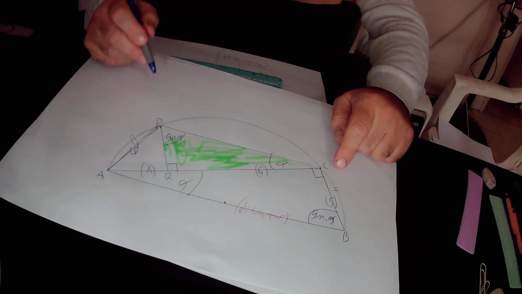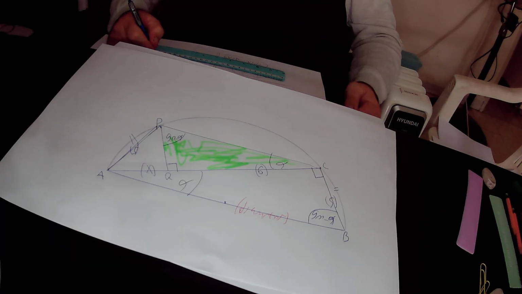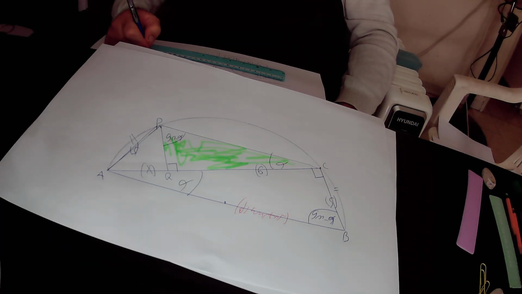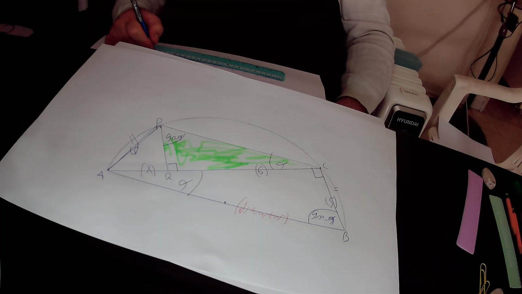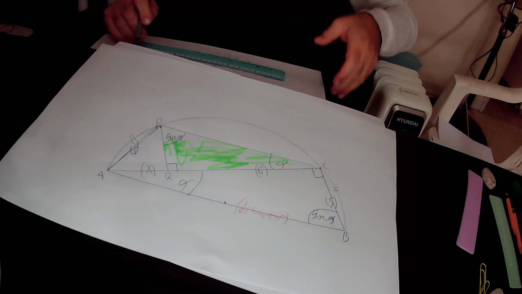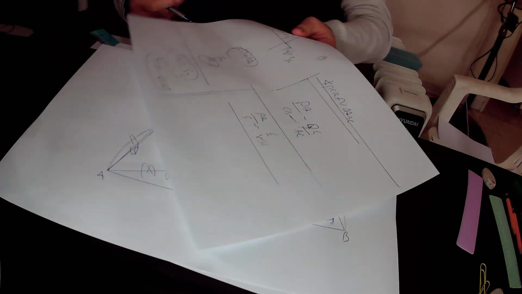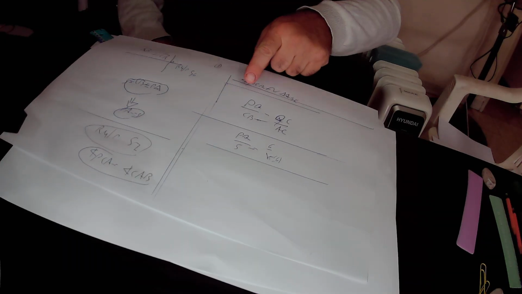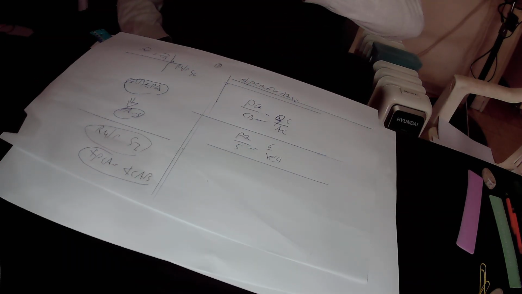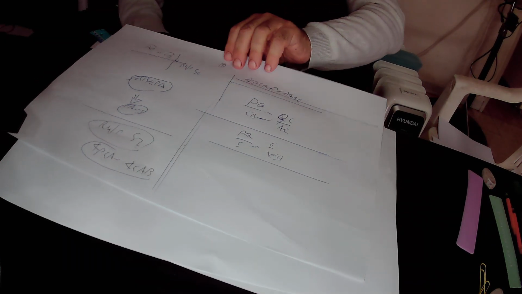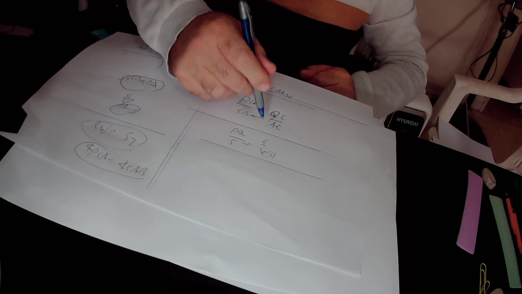So again, we found out that PQ over 5 equals 6 over x plus 6.